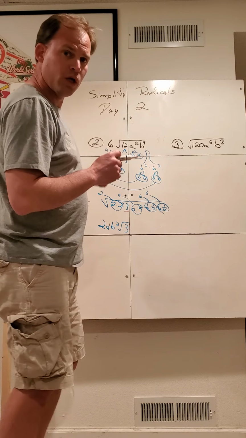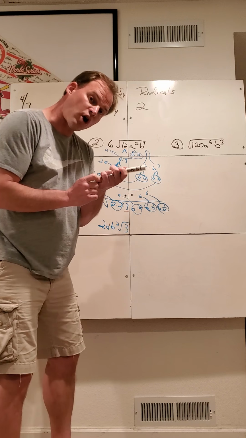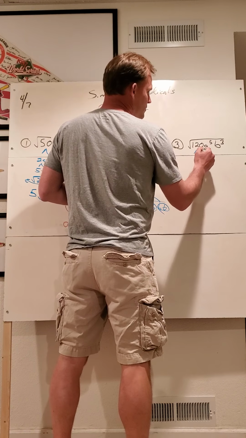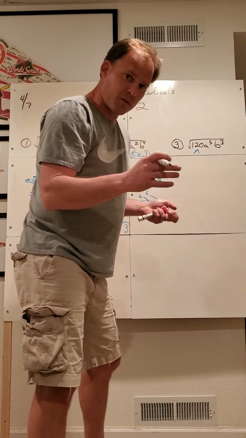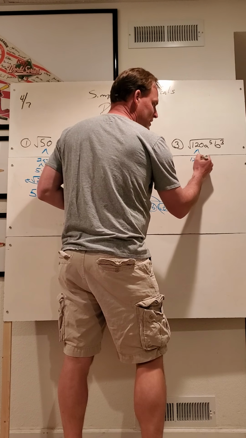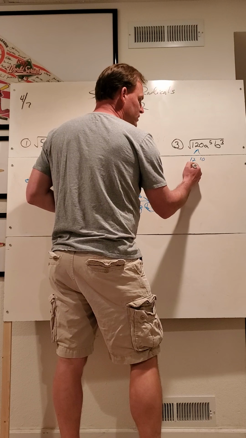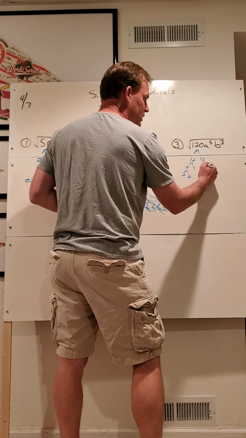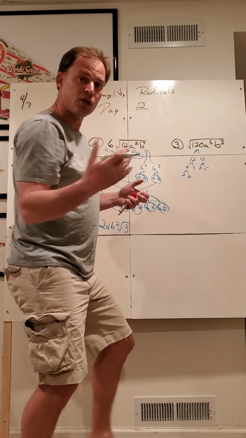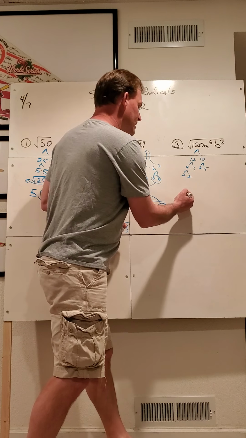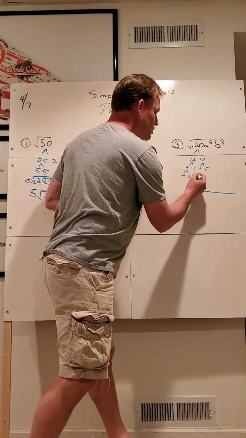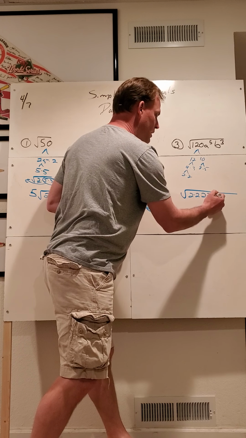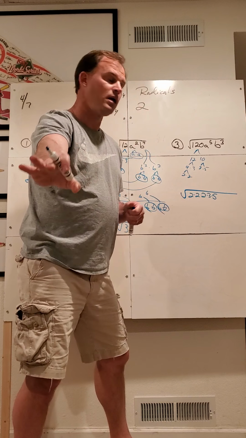Here we go. So, just for practice, let's talk about that 120 there. Whenever I see a 0, I like to start with the 12 and the 10. Just works best for me. 12 is 4 times 3, 2 times 2. 10 is 2 times 5. So, I've got 3 2's, a 3, and a 5.